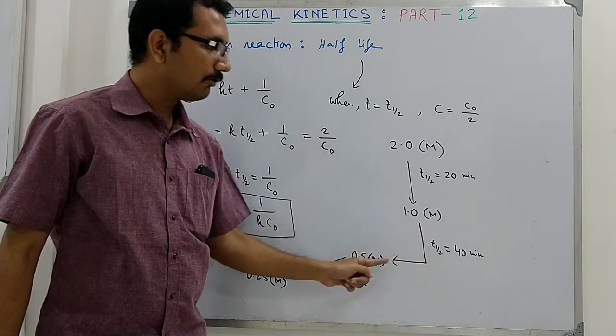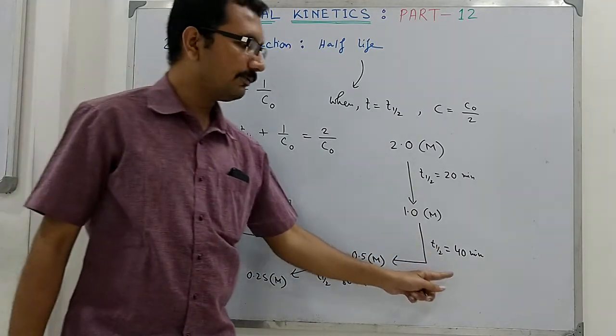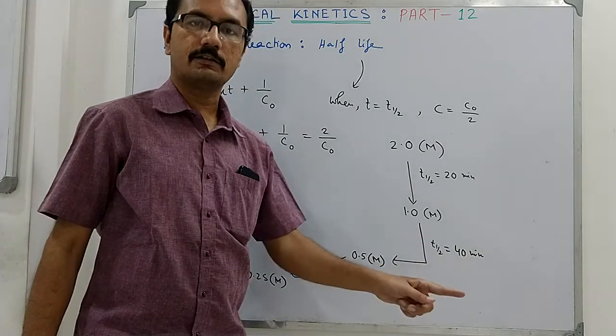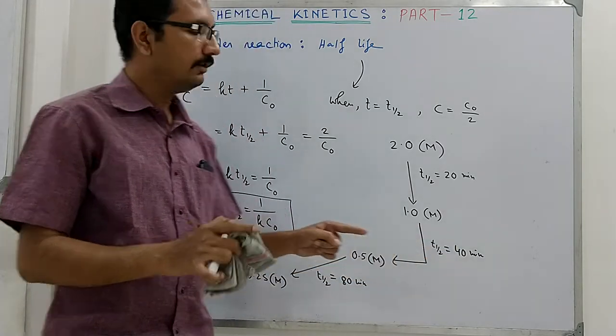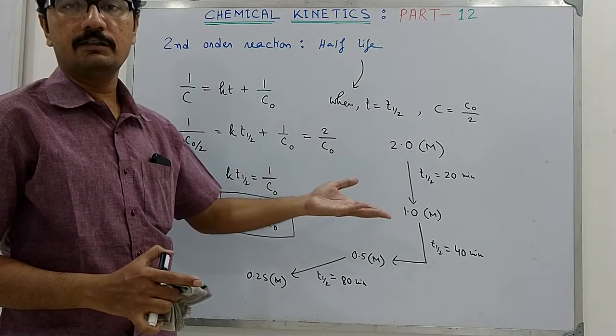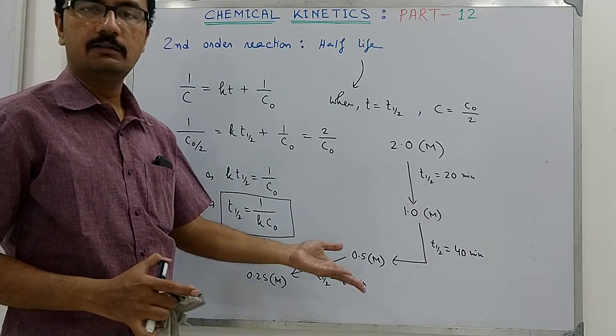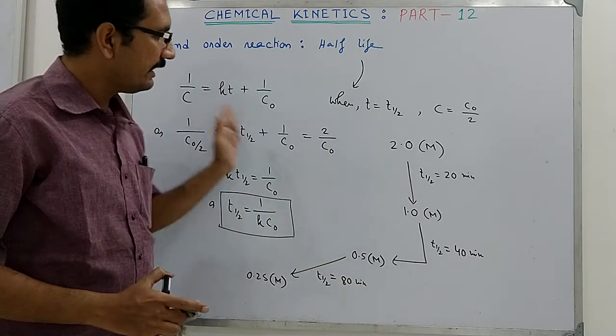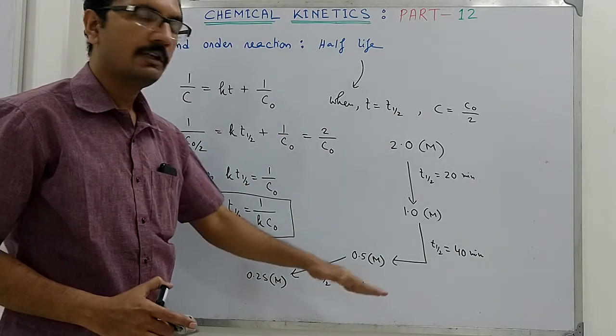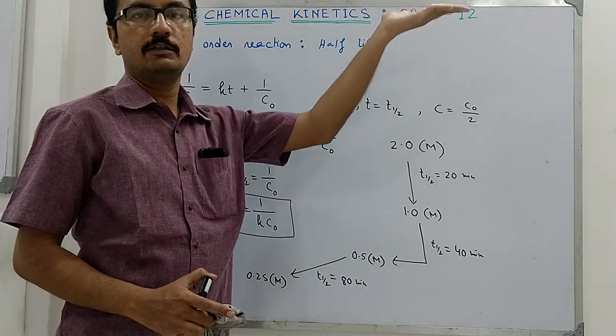So with decrease in the concentration, the time required for 50% completion increases. So the less the concentration, the more time is required to complete the reaction. As the reaction proceeds, concentration falls, but the half-life increases.